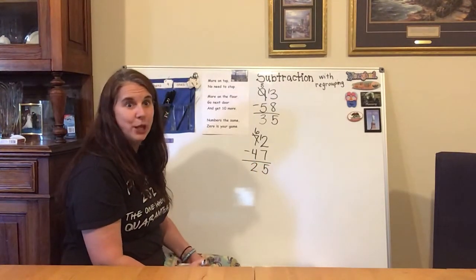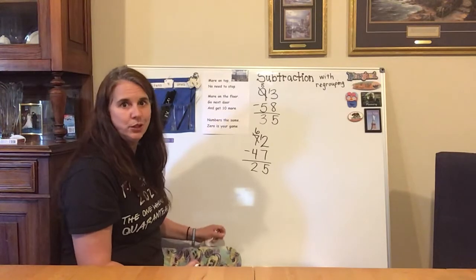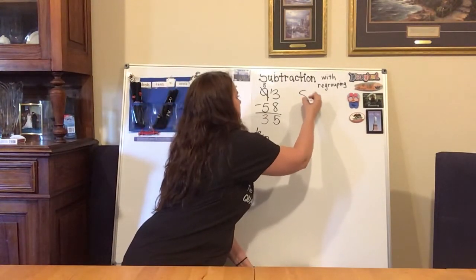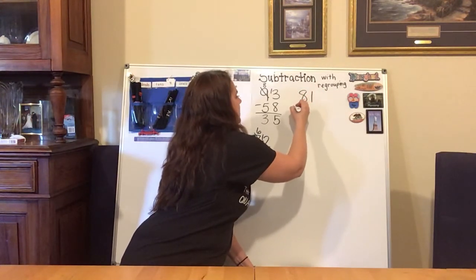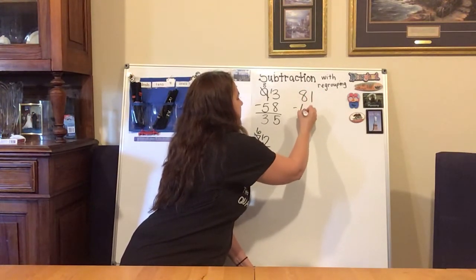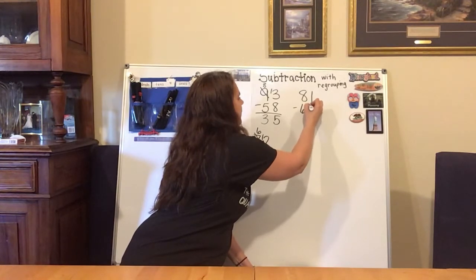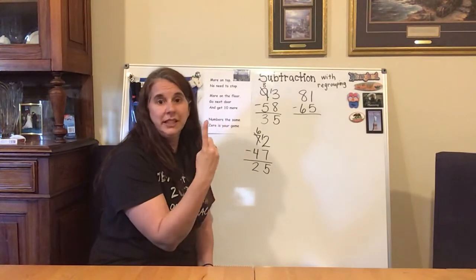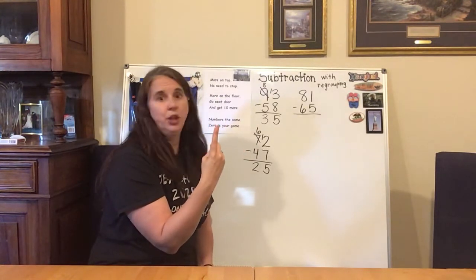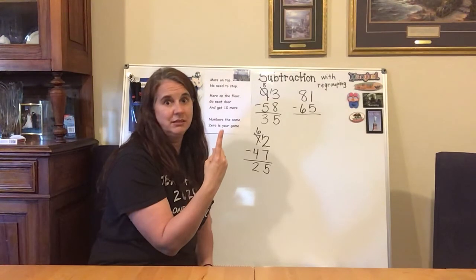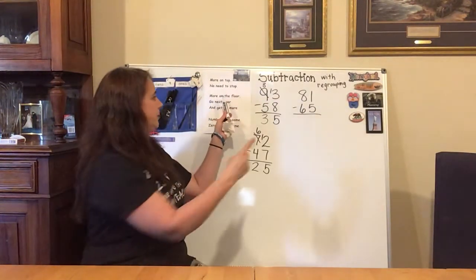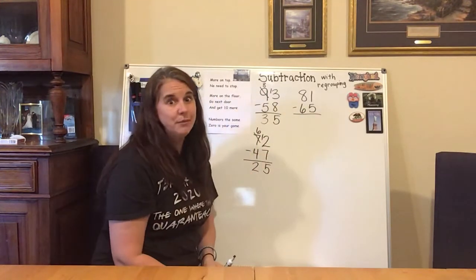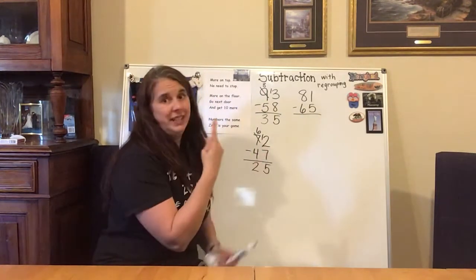Nice job. Let's do another one. You're on a roll. You're doing so great. All right, so let's do 81 take away 65. Okay, so if we have 1, can we take 5 away? No. We can't. Why? Because there's more on the floor. So we have to go next door and get 10 more from our tens place, because we only have 1.